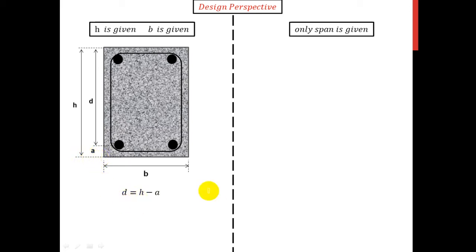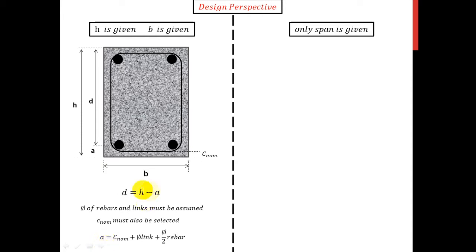Okay? Assumptions regarding the diameters of rebars and links must be made. The nominal cover for durability, however, should be defined. We'll see how to define it in the next slides. However, when determined, the axis distance would be attainable along with the effective depth d.